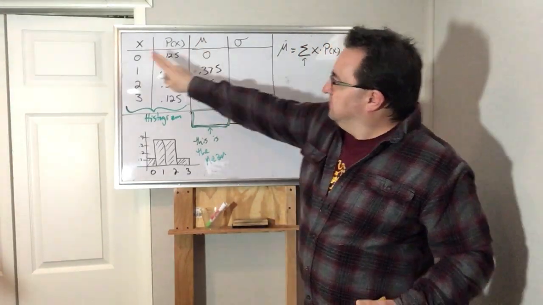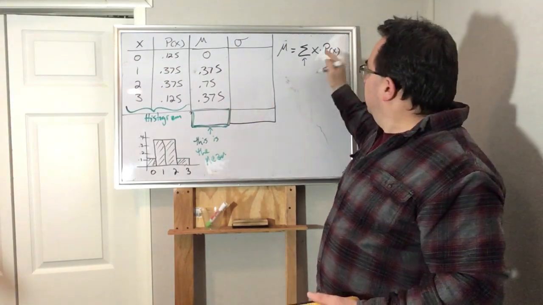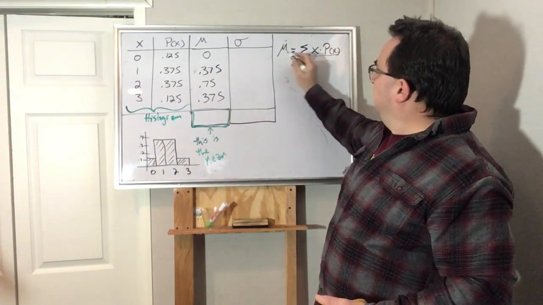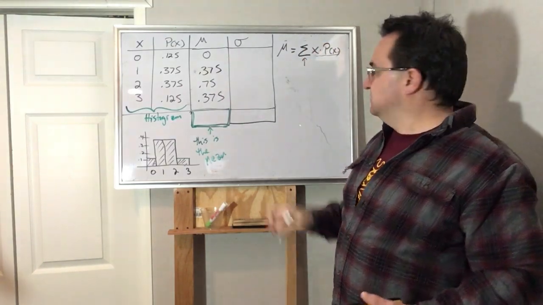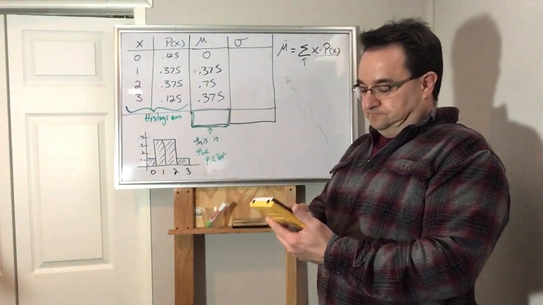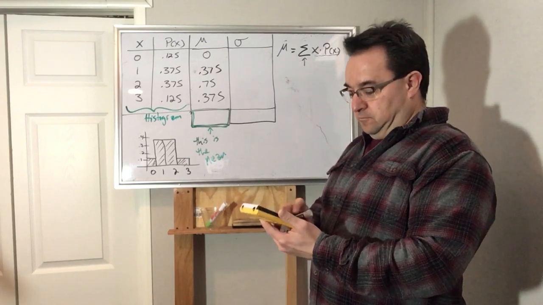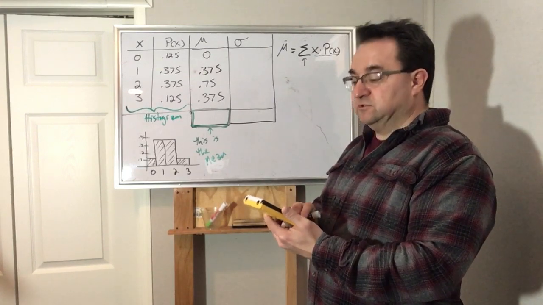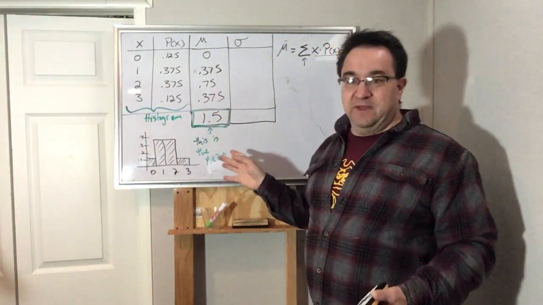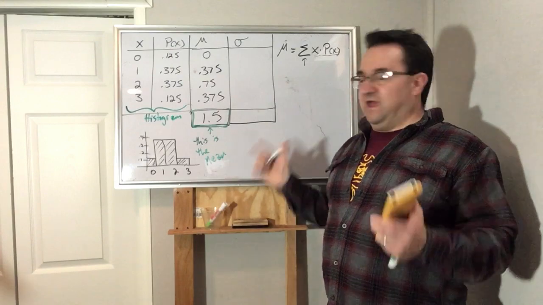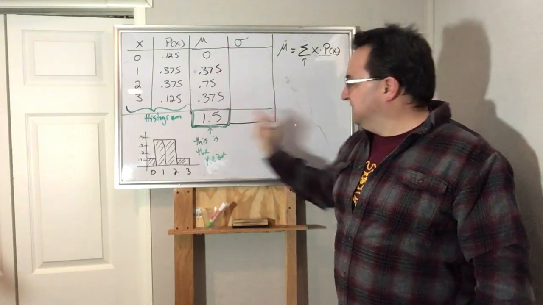See, that is x times p of x, right? That's all the products. That's this part of it. And the mean is going to be the sum of all of those numbers. So I'm going to add those up. Plus 0.375 times 2. And I get 1.5. So that's my mean. That would be the answer if I ask you for the mean. It's not all these numbers. This is the work that gets you the mean.